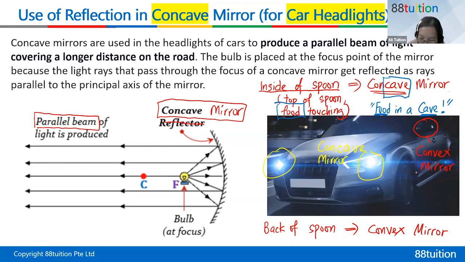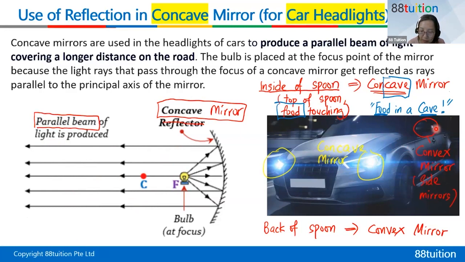This is the side mirror of the car. One car has two side mirrors, right? So do not get mixed up. You must tell me which part of the car you're talking about. If you're talking about the headlights, that's a concave mirror, so that we have a parallel beam of light to see the road further away.